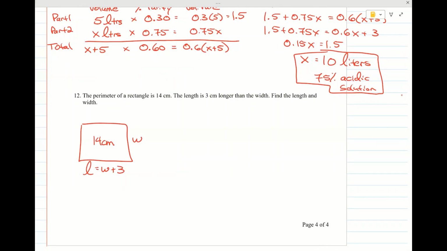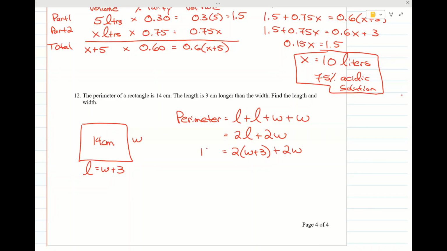So the way we could finish this is, we know that the perimeter is equal to the lengths added together and the widths added together, or simply 2L plus 2W. If we know that L is W plus 3, and we have the width is represented by W, we can go ahead and set the perimeter to 14 and solve.